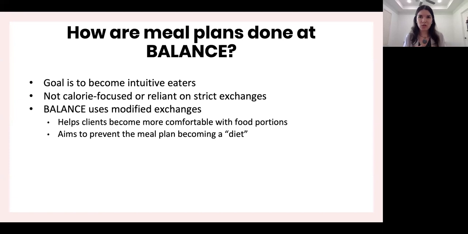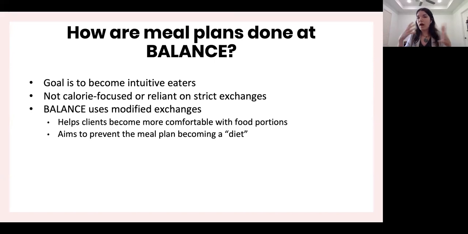That's what I mean when I'm talking about exchanges, those building blocks of our meals. So a modified exchange is an exchange that is more in line with what a real meal size looks like. And we are trying not to be strict with portions.